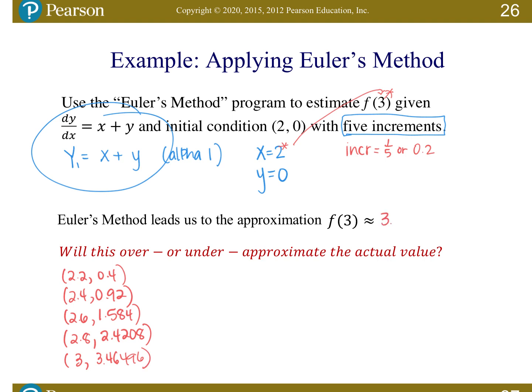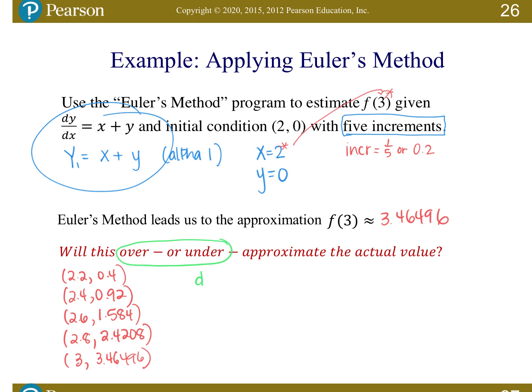So 3.46496 is the approximation. And you should be able then to answer the over or under question for the actual value. In other words, you should be able to approximate based on the concavity of the function that you're looking at.